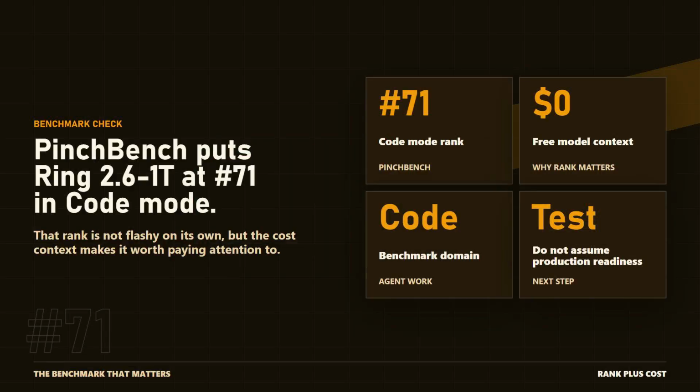It's free, but is it actually good? Pinchbench says number 71, but let's check what that means for real work. On KiloCode's own Pinchbench, Ring 2.621T scores number 71 in code mode.